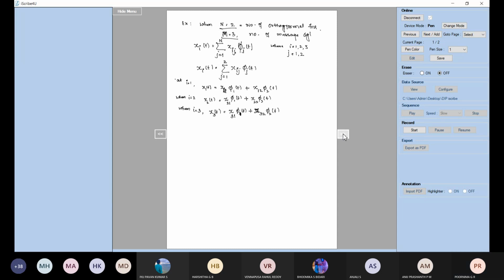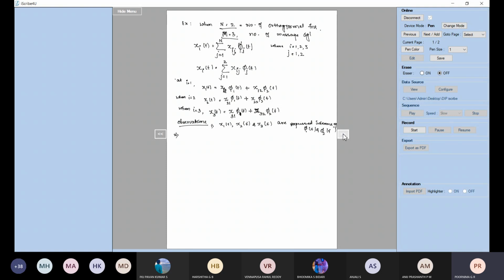What are your observations from here? There are a few observations you can conclude from the above equations. x1 of t, x2 of t and x3 of t are totally represented in terms of what? Two orthonormal basis functions, phi 1 of t and phi 2 of t. This is the first observation.